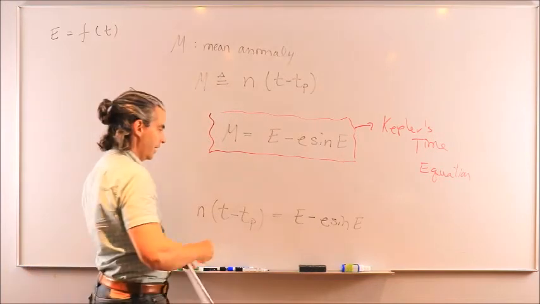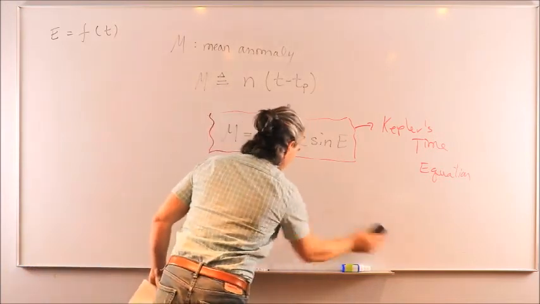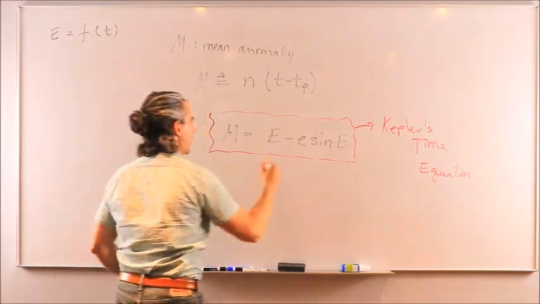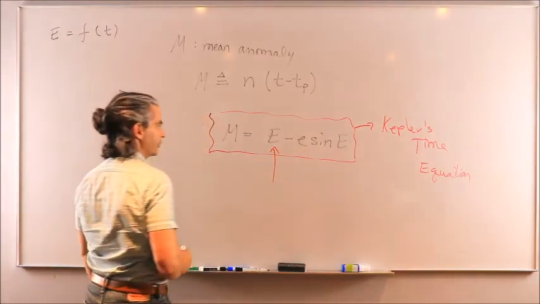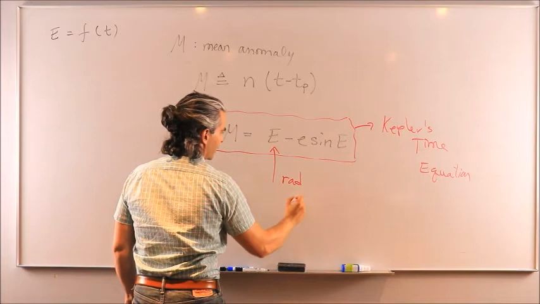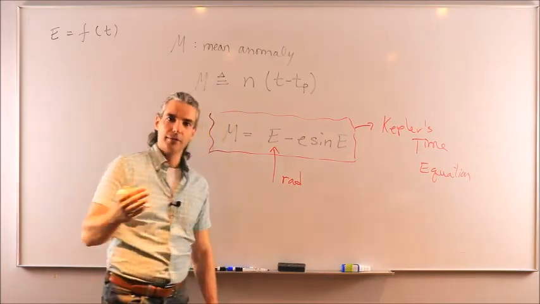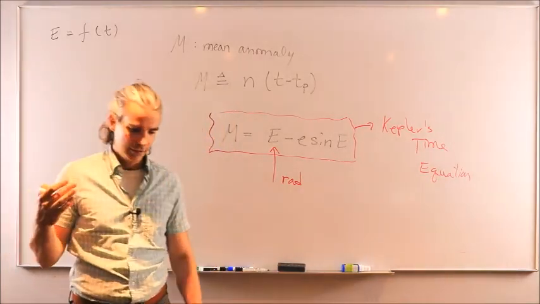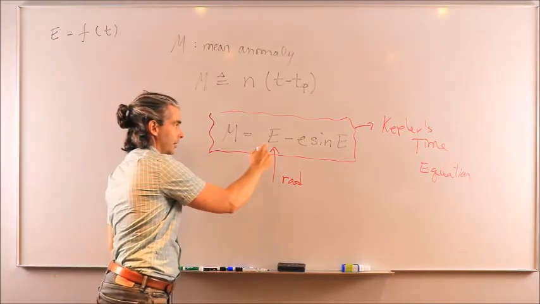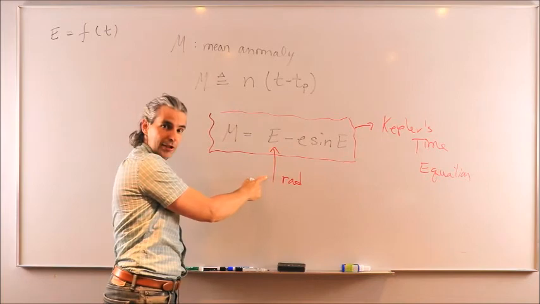One thing to pay attention to is that whenever you use Kepler's time equation, you have to use radians for the units of the eccentric anomaly. I'm going to say it a couple of times to make sure that this is understood. So again, the eccentric anomaly has to be in radians in Kepler's time equation.